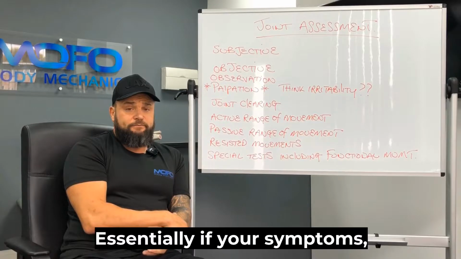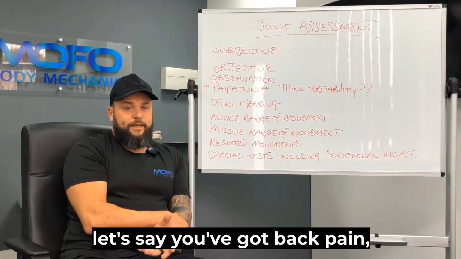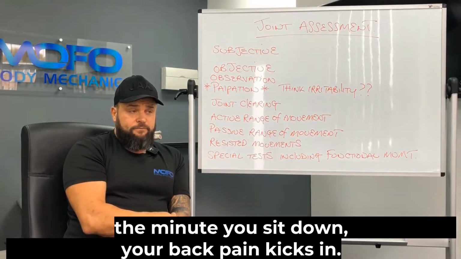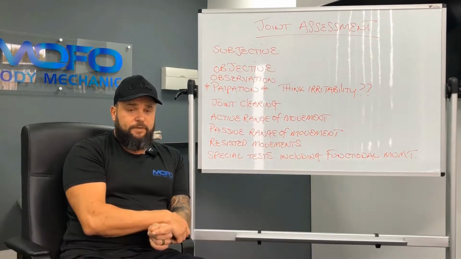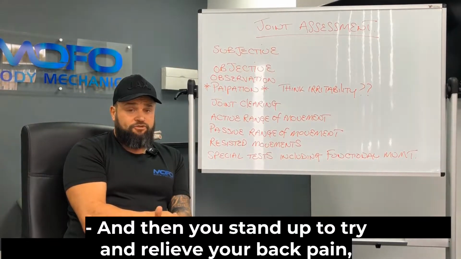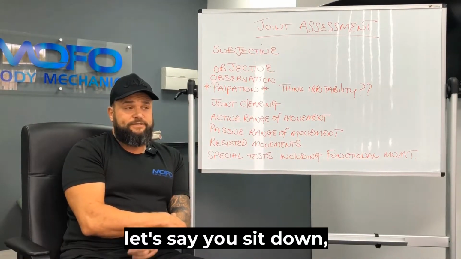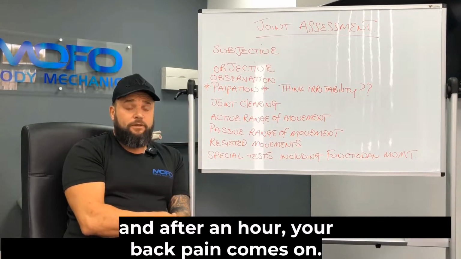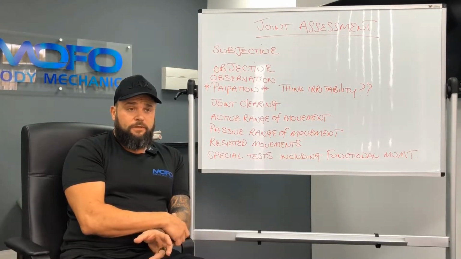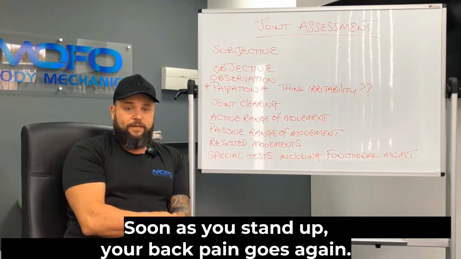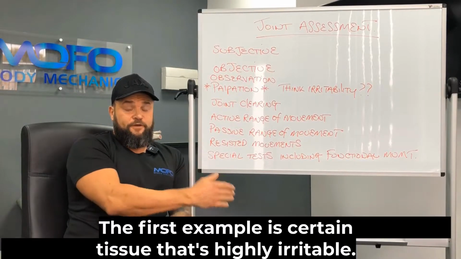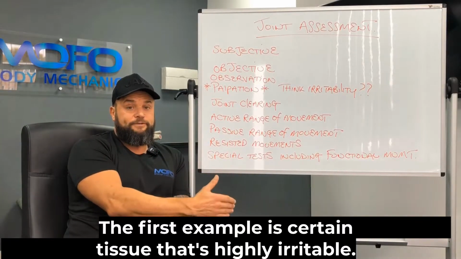Essentially, let's say you've got back pain, and the minute you sit down, your back pain kicks in. And then you stand up to try and relieve your back pain, and it takes an hour before those symptoms have relieved. On the other hand, let's say you sit down, and after an hour, your back pain comes on. As soon as you stand up, your back pain goes again. The first example is a tissue that's highly irritable.